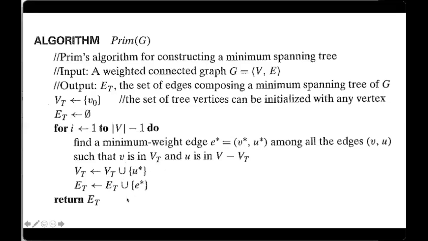Okay, this we will repeat until the total number of vertices minus 1 times. At the end of this for loop, ET will have all the minimum weighted edges in the given G. So this is Prim's algorithm, a very simple algorithm where we start with one vertex and then take minimum weights from that vertex.